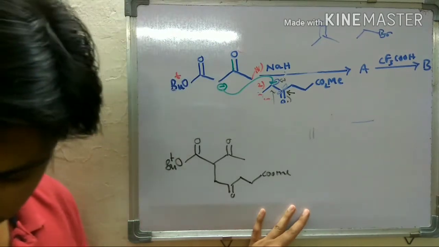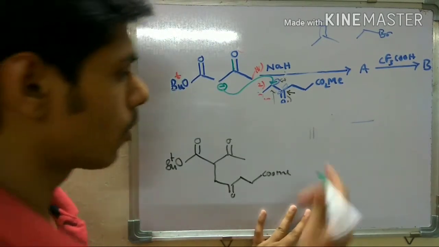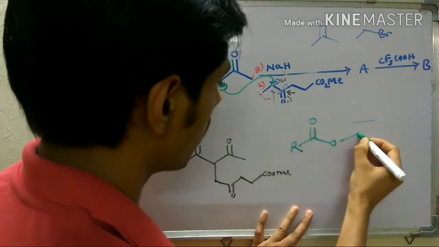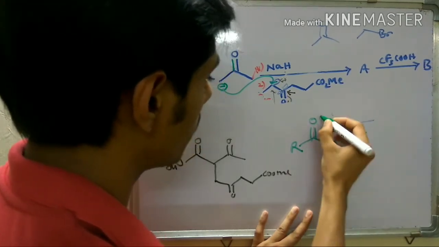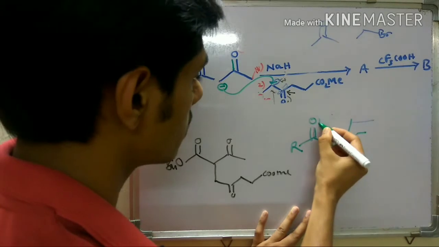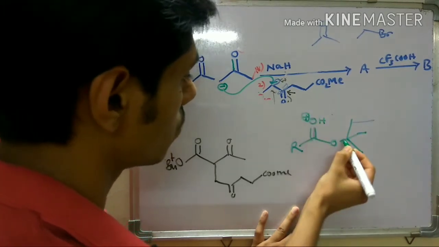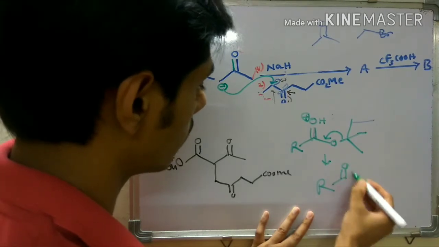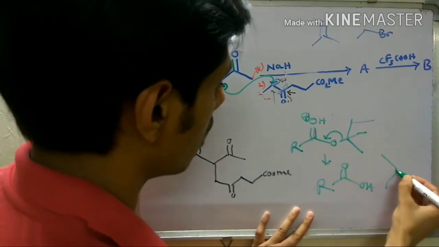So let's say you have this one ester, so you have this tert butyl group. So what will happen, the trifluoroacetic acid will first protonate here, so you can see this bond can break to give you this carboxylic acid and a tert butyl cation.